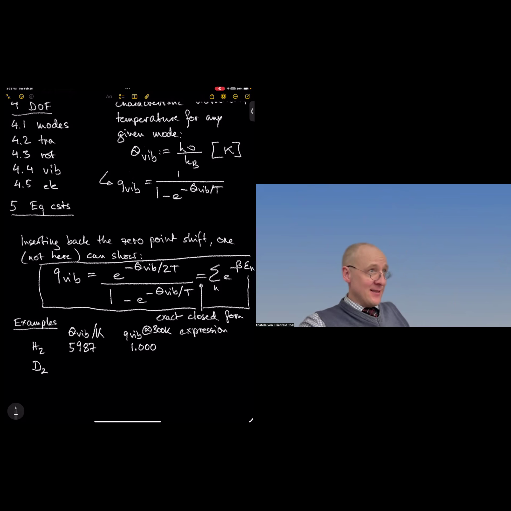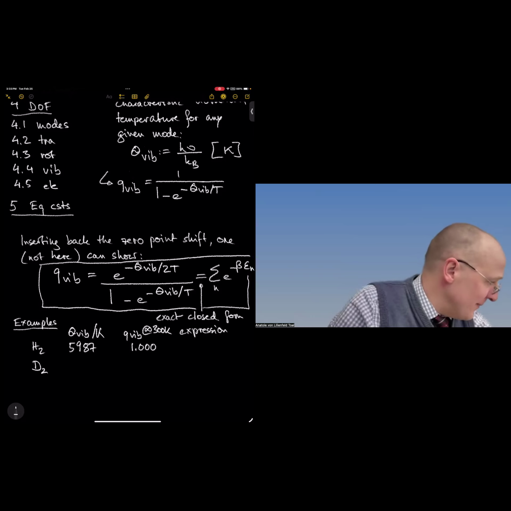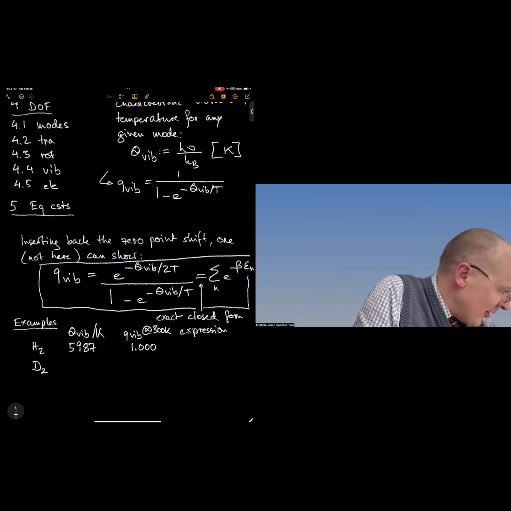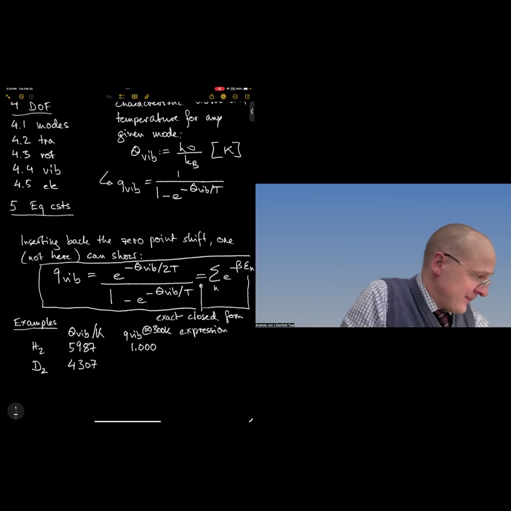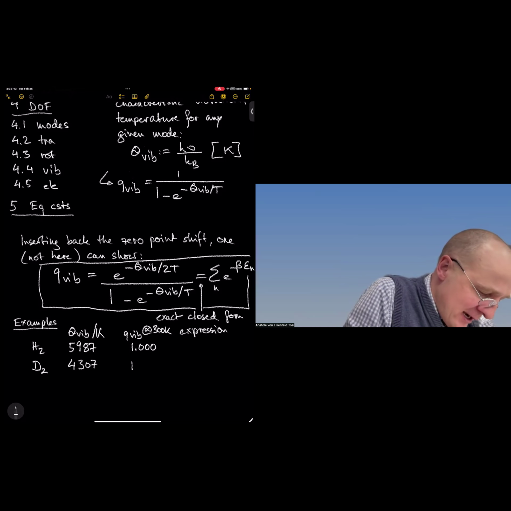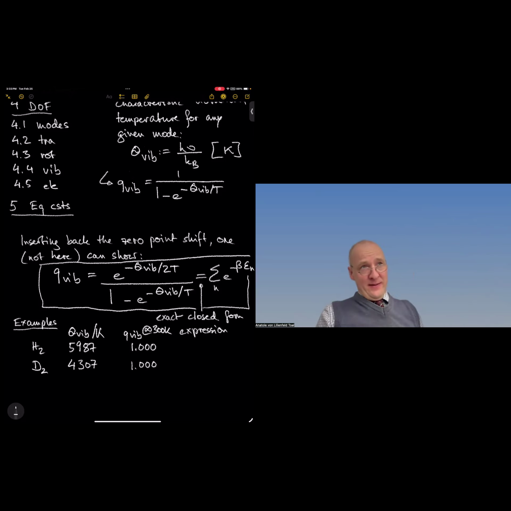H2 is vibrating faster, absolutely. So the frequency is lower for D2, very good. And correspondingly, the characteristic temperature is only 4,307. Now, if you calculate your partition function, the vibrational part, for the first 3 digits after the comma, there's no difference.